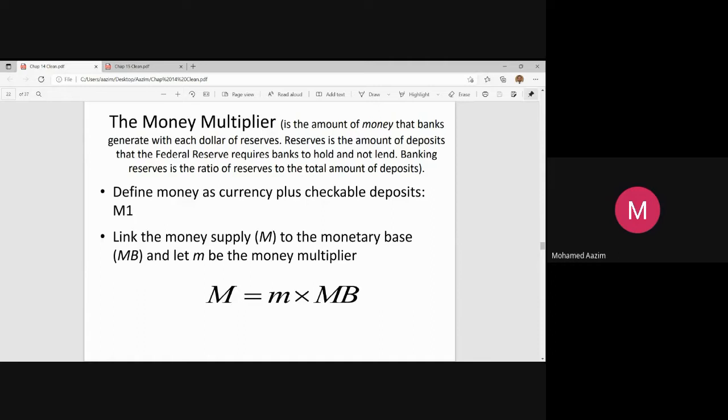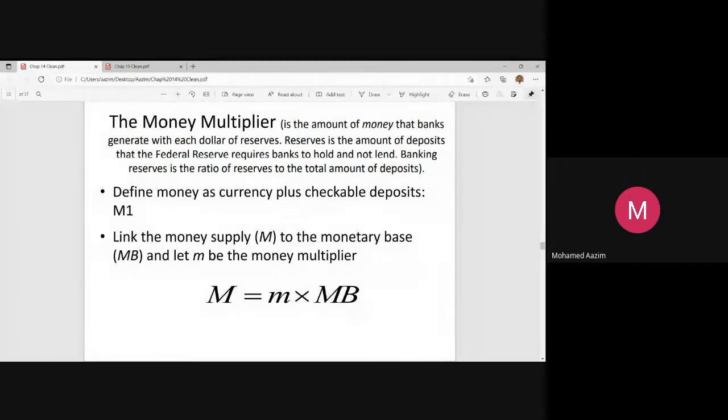right? So then we define here in terms of money supply, monetary base and multiplier. And remember, we define the multiplier as simple m. So the money supply is nothing but the monetary base times the multiplier. You can now write down the equation: the money supply M equals small m, that is the multiplier, times the monetary base. You know what the monetary base is?